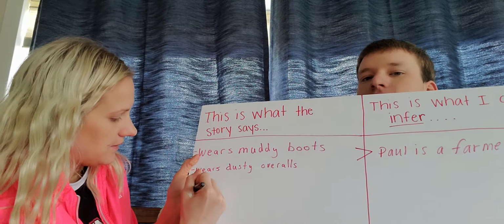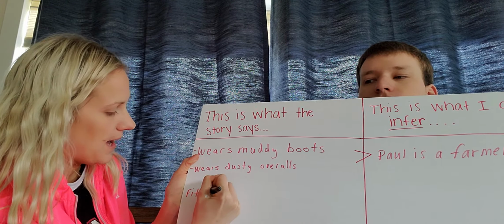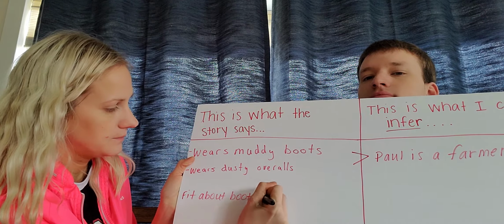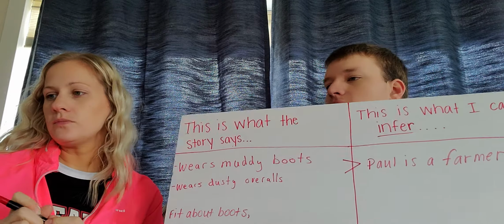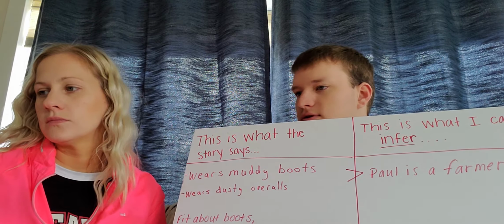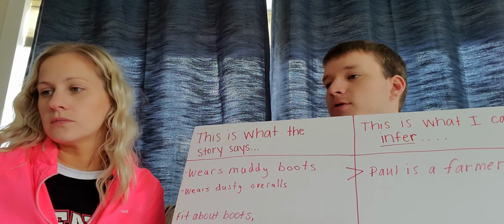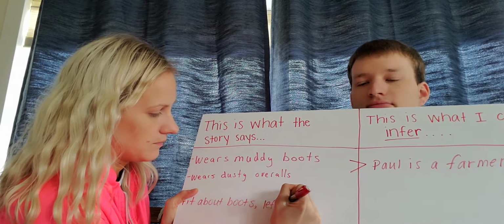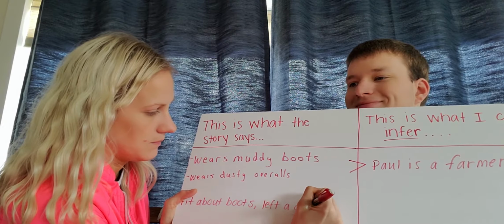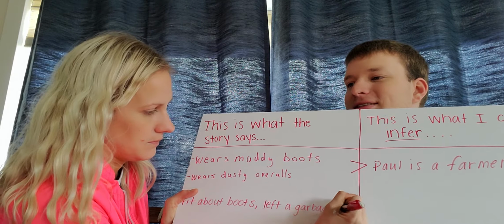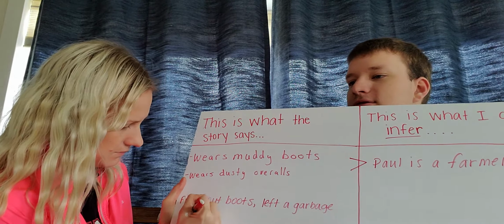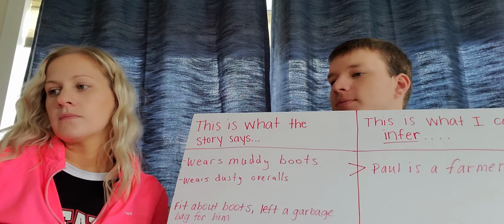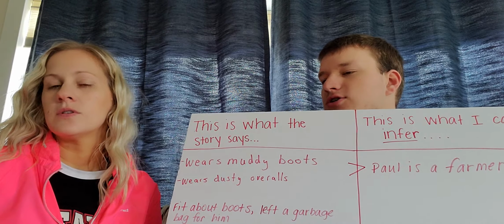Okay. Fit about boots. Okay. What else? She always left a new garbage bag for him, so he could put his overalls in. And then at the end, he dropped the garbage bag off in the washing machine and went straight up the stairs to take a shower as instructed.